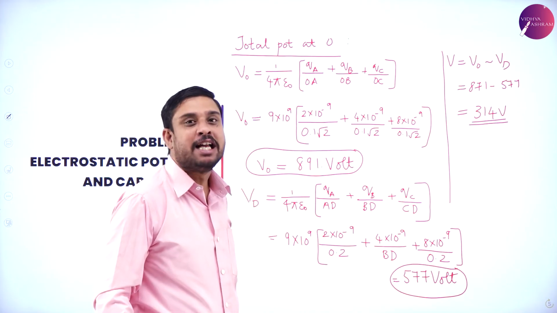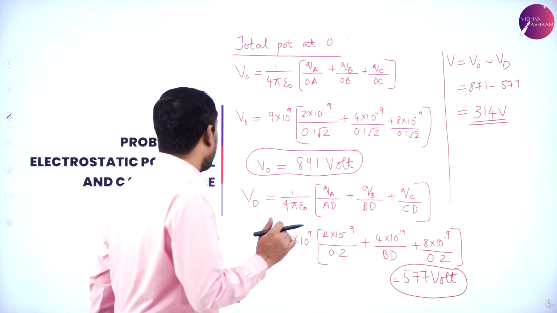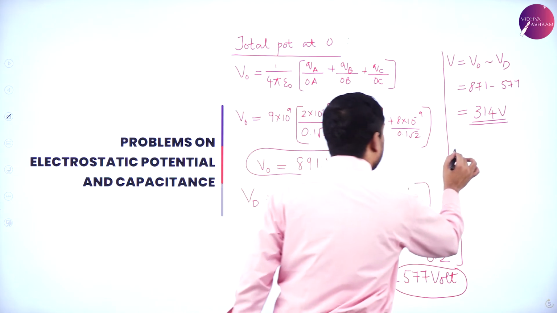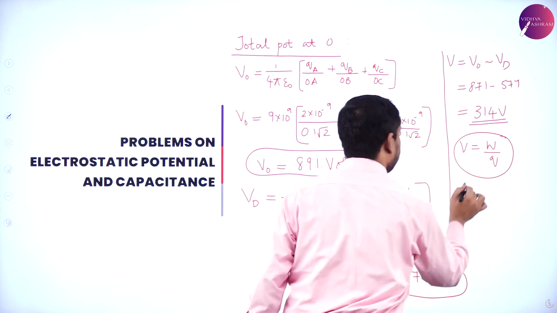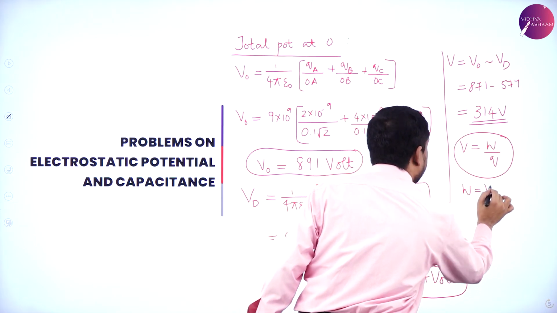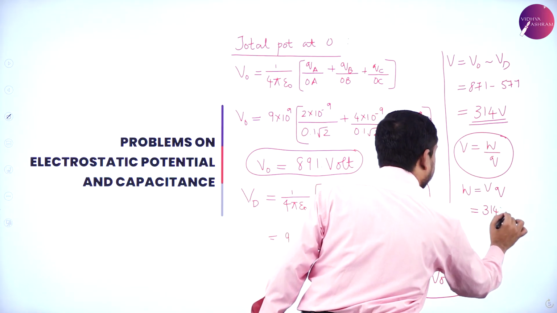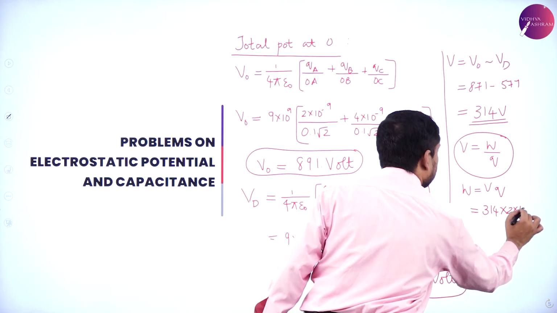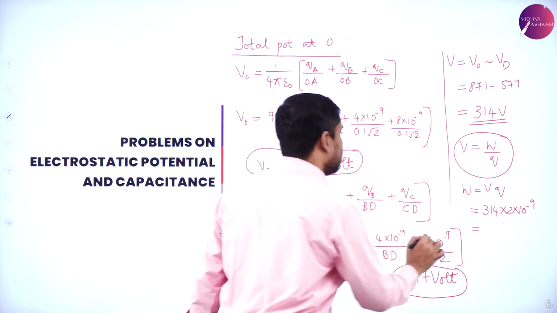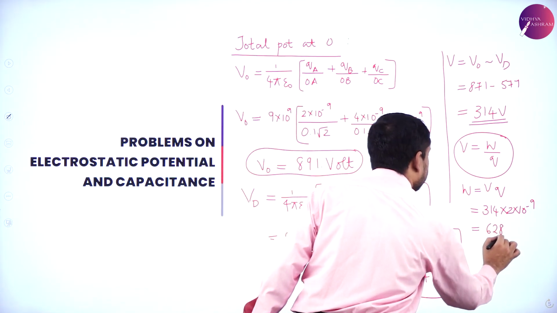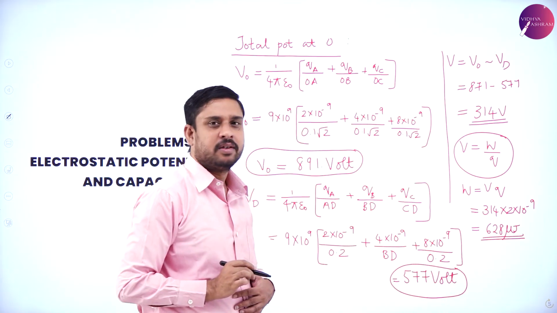But what is it that I have to calculate? Work done. Now by definition, potential is W by Q. So W is V into Q. V is 314, Q is 2 nanocoulomb, so this is around 628 microjoule. So this will be the answer.